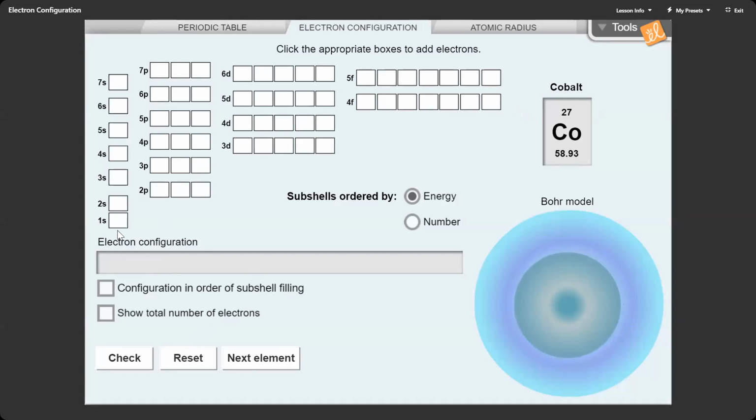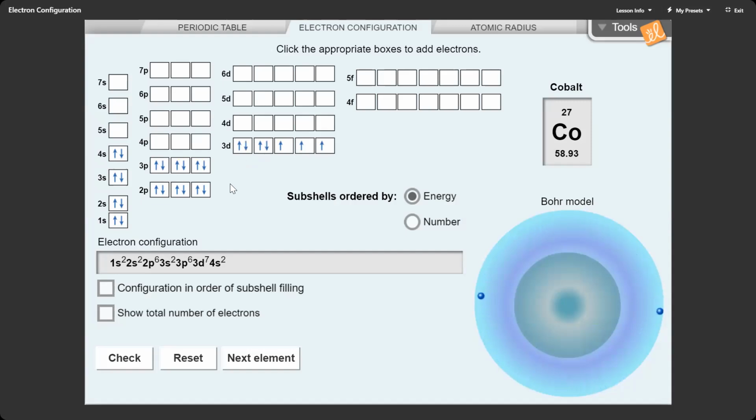We are placing 27 electrons. 1, 2, 3, 4, 5, 6, 7, 8, 9, 10, 11, 12, 13, 14, 15, 16, 17, 18, 19, 20, 21, 22, 23, 24, 25, 26, 27.